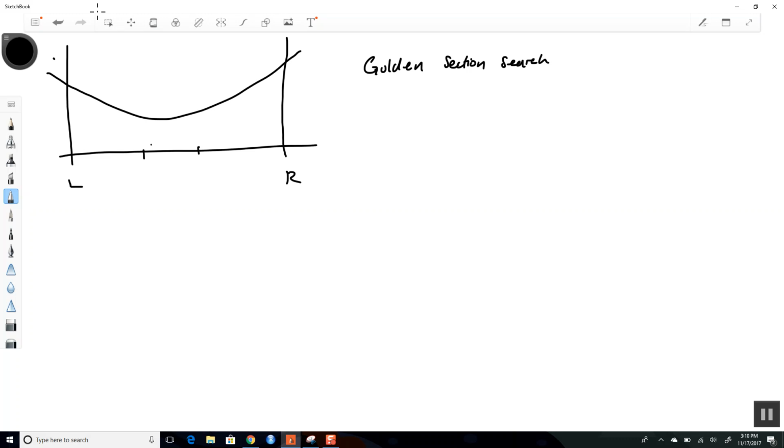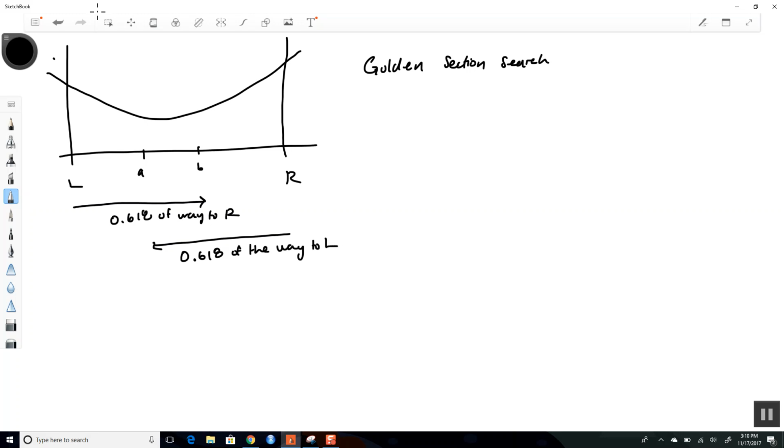If I call this A and I call this B, then this is 0.618 of the way to R. And this one is golden ratio, 0.618 of the way to L. Of course, the actual value has a few more decimals than 0.618, but this is a good approximation.